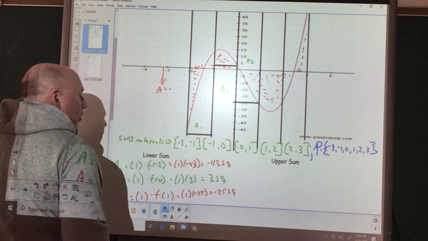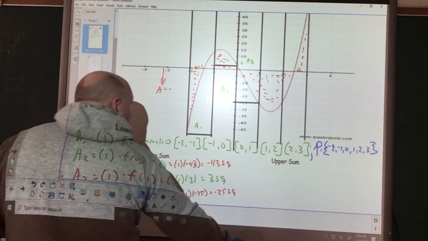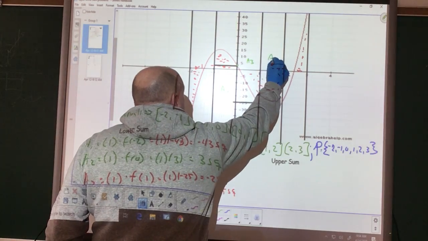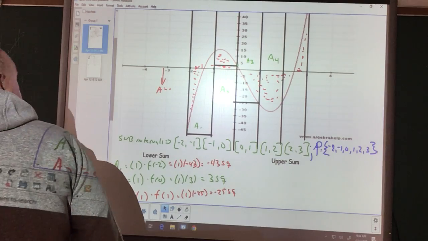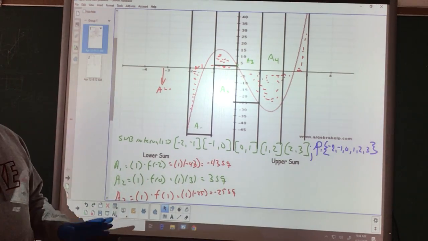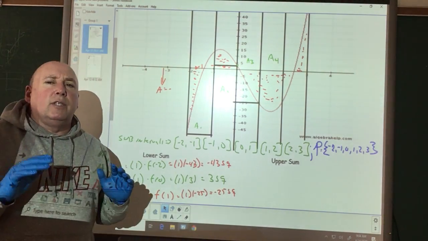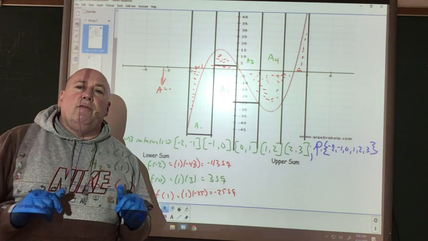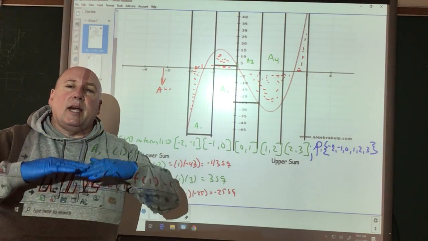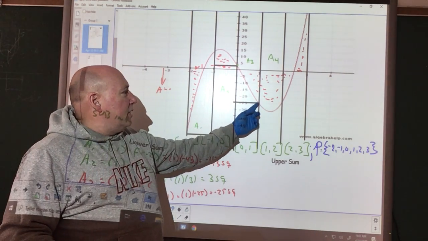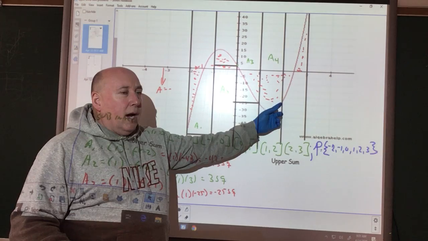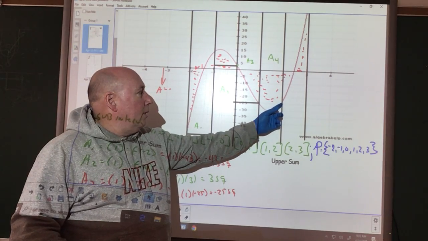Now, let's go to A4. Here's the next little thing that we have to worry about, the fourth region. I need to draw my horizontal line so it's entirely below the graph of the function. Well, if I look at my function, if I use this point and draw across, I'm not entirely below the graph.